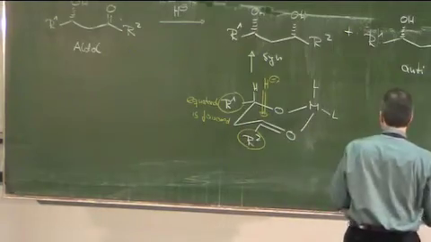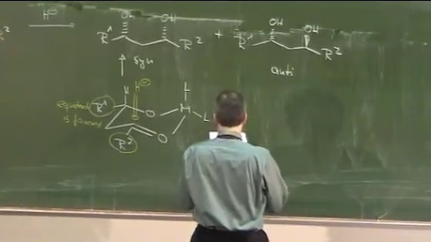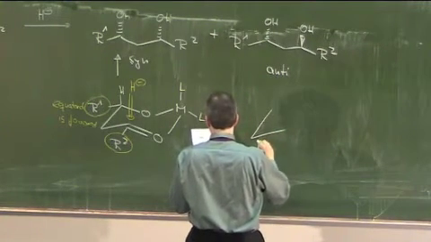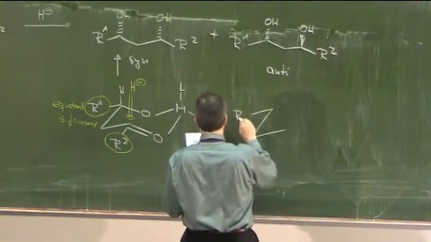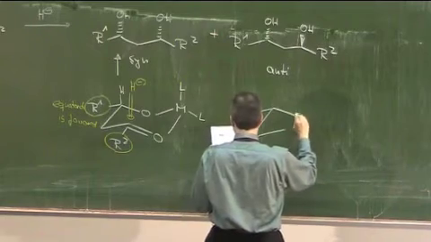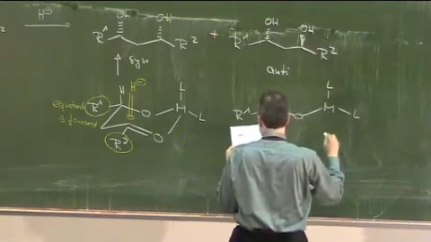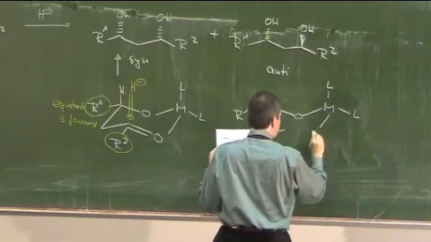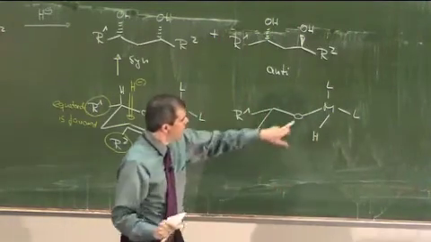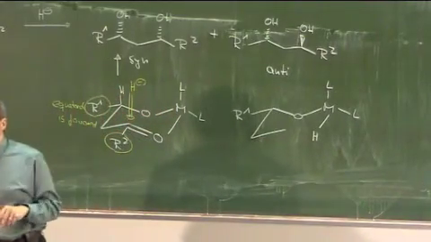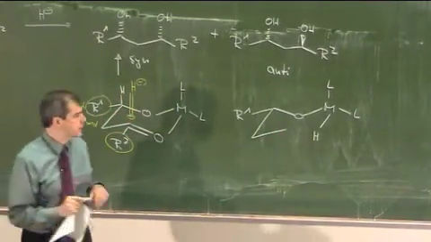However, there's a second way to think about this. And let me do the exact same arrangement here with one difference. And this difference is that the metal could already have the hydride which is delivered for reduction.